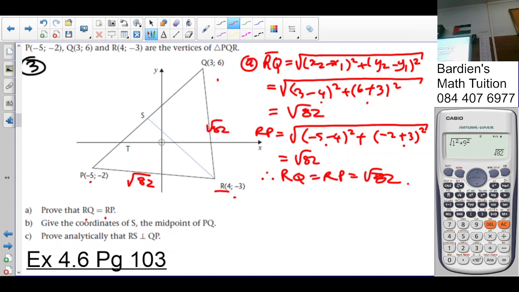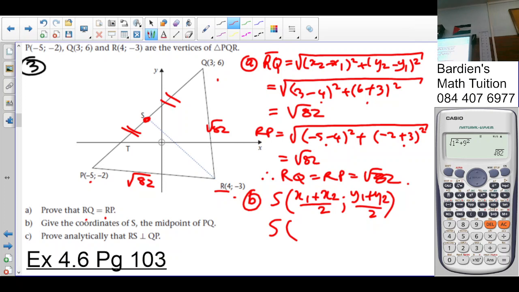Then it says give the coordinates of S, the midpoint of PQ. So there's S, the midpoint of PQ. How do I do that? Midpoint formula. So x1 plus x2 over 2, y1 plus y2 over 2.